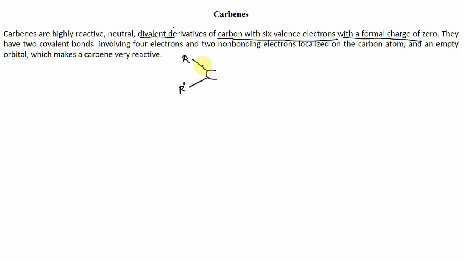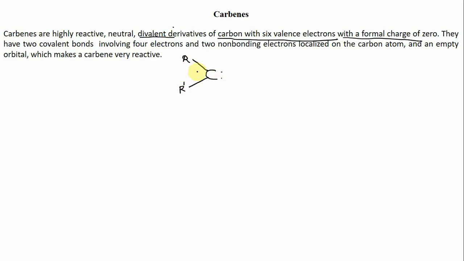So 2 valence electrons are involved in this covalent bond, 2 are in this covalent bond, so there are a total of 4 electrons, and the remaining 2 electrons are present as such. So you can see here there are a total of 6 valence electrons. Carbon is divalent and there is no formal charge over this molecule. So this is a neutral molecule.